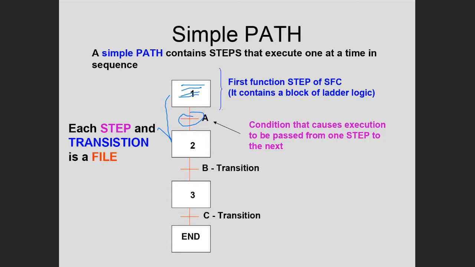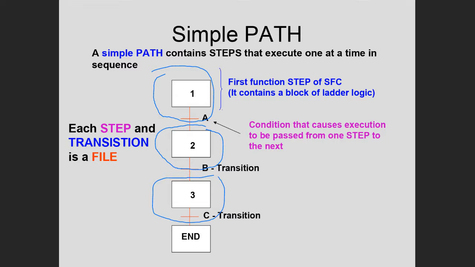So you want to make sure there's a part present, or make sure the clamp's unlocked, whatever needs to happen to go from one step to another, you program it in your transition. So then you have a series of these steps and transitions. I've got a step and a transition, a step and a transition. I can put these together in series to get what we call a simple path.